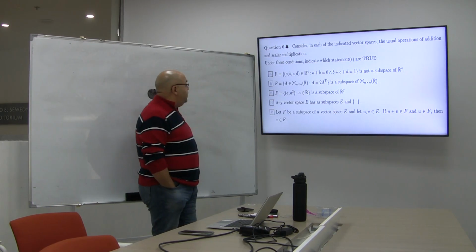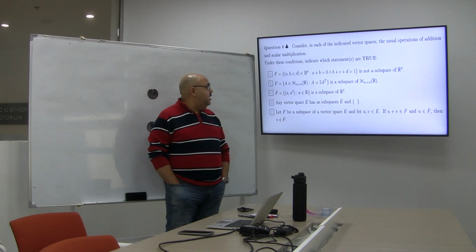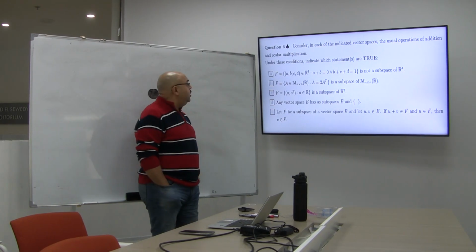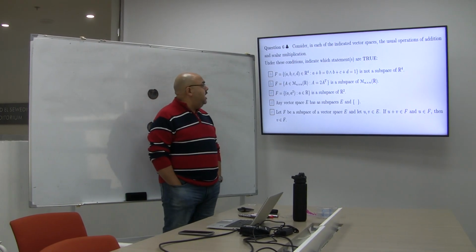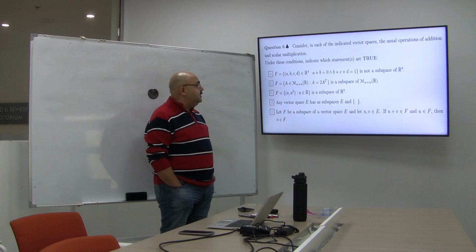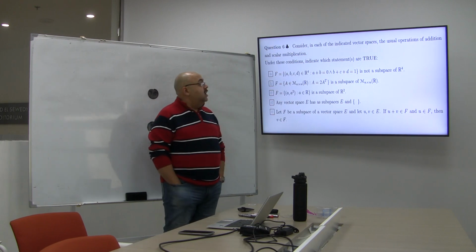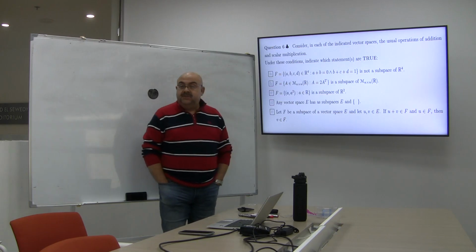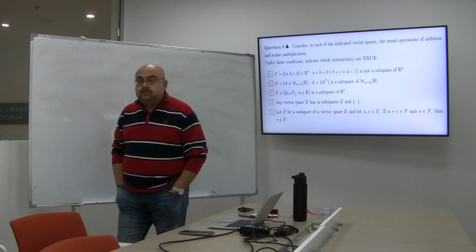For the first statement, it gives you the set of vectors (a, b, c, d) belonging to R4, such that a and b are equal to 0, and b plus c plus d is equal to 1. Is it a subspace of R4? Is this correct or not?